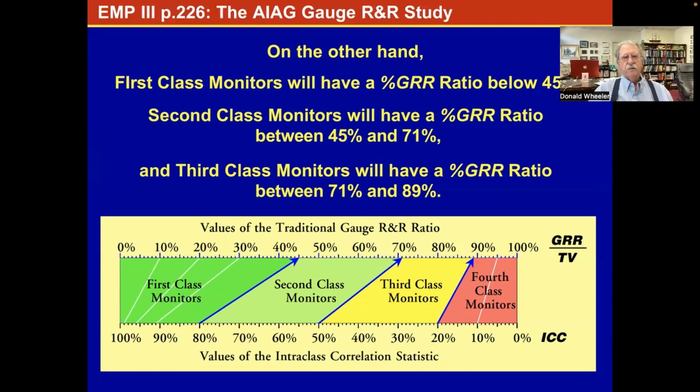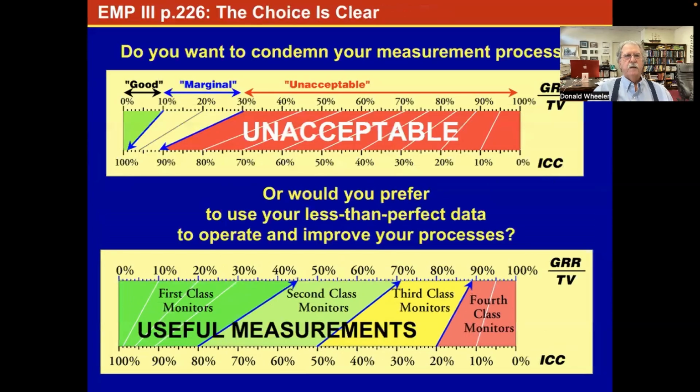Combined R&R ratio between 71 and 89%, you've got a third-class monitor. So the choice is clear. Do you want to condemn your measurement processes? Or would you prefer to use your less than perfect data to operate and improve your processes?